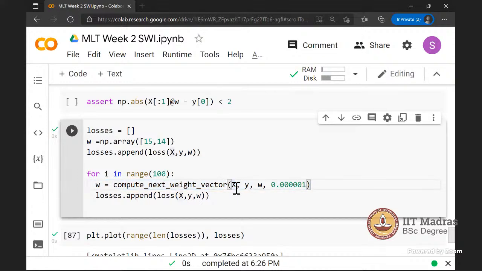You will have to make sure that you go through the entire data set before repeating the data set. Yes, you have to take care of that. Correct. We'll do that actually. We'll write that.